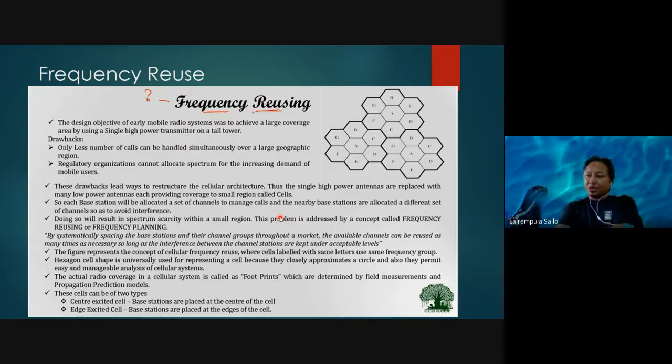So the actual radio coverage in cell A, or maybe cell B, is called the footprint of that particular cell. If we say cell A, then cell A's footprint is this particular area.